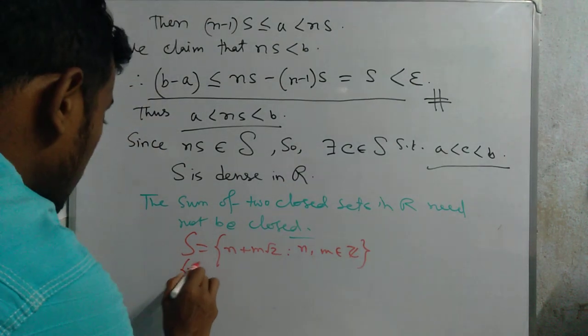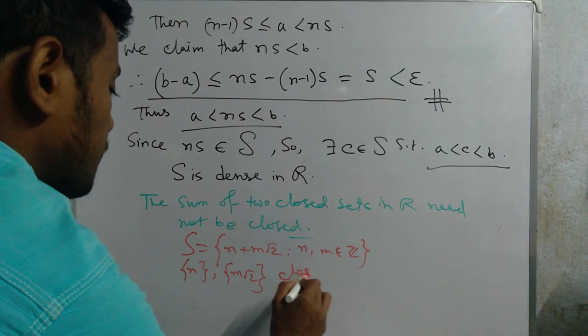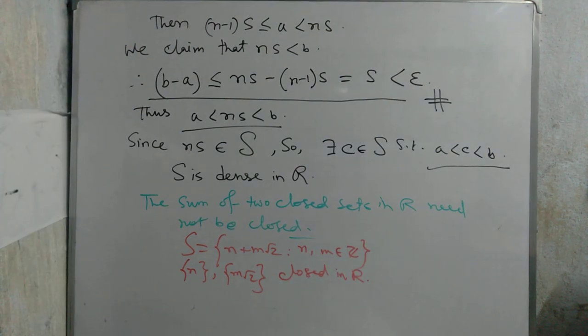Then the singleton sets of n and of m root 2 are all closed in R, but this S is not closed because S is dense in R. That means the closure of S equals R, so S is not closed.